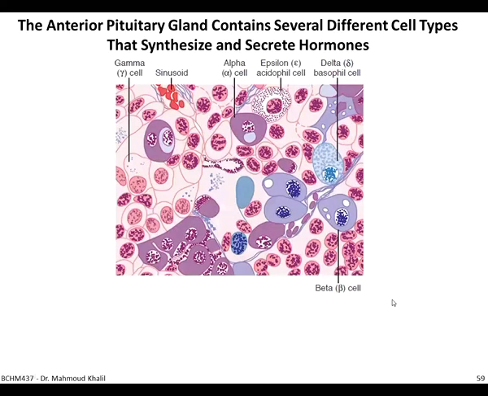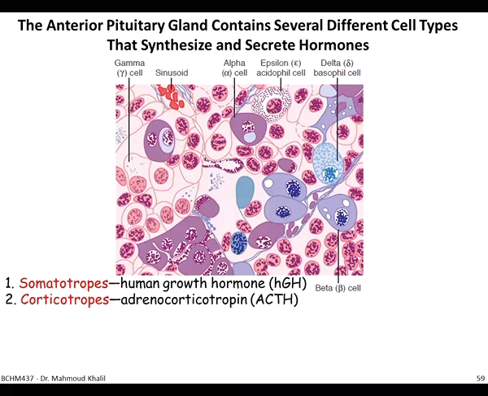This slide is one of the important slides. It shows the diversity of cells in the anterior pituitary gland, and you can see the specialization of the cells to secrete specific hormones. The anterior pituitary gland contains several different cell types, each of which synthesizes and secretes a different hormone. We have the somatotrophs, which secrete the human growth hormone. We have the corticotrophs, which secrete the adrenocorticotropin hormone. We have the thyrotrophs, which secrete the thyroid stimulating hormone.